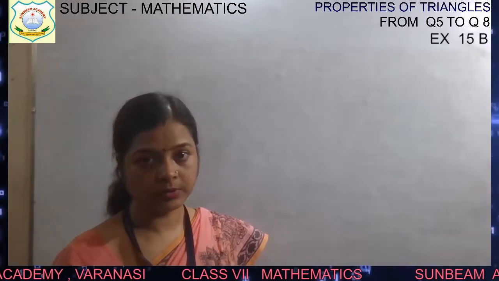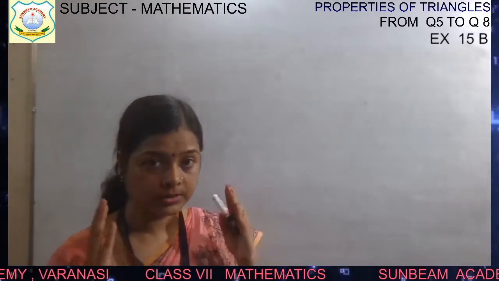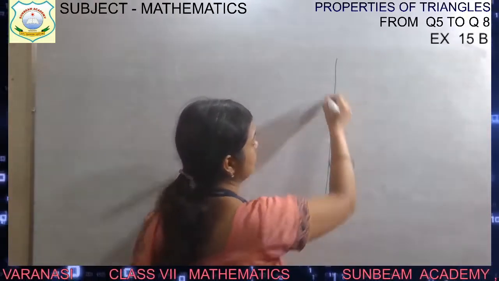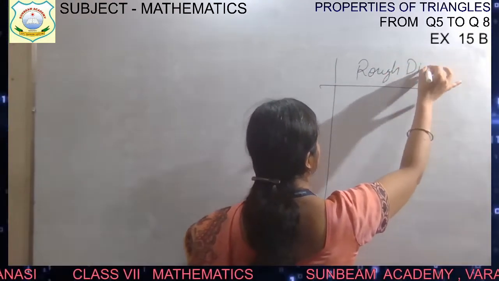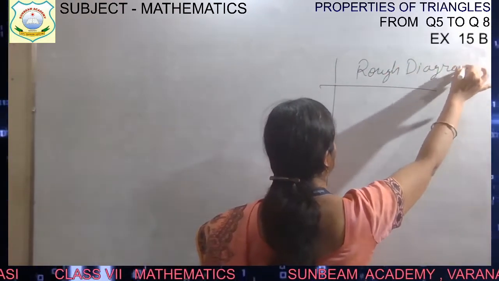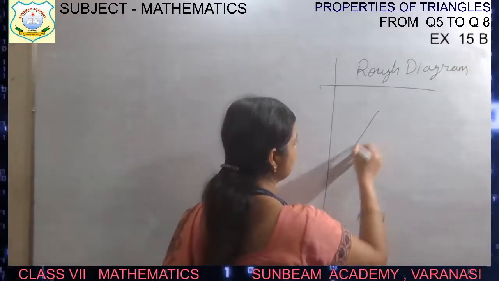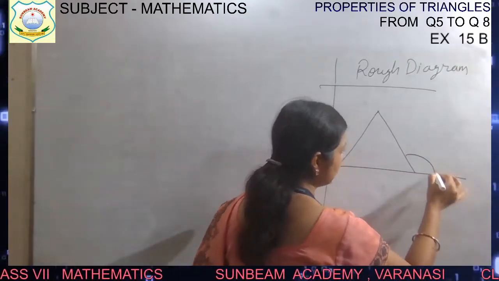What is given to us? Rough diagram, children, so that the question should set in your mind. So we will draw the rough diagram. What it says, children? There is a triangle, and the exterior angle.